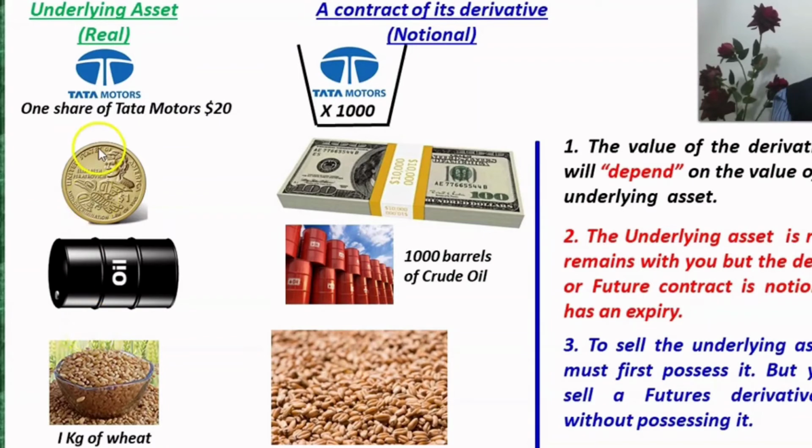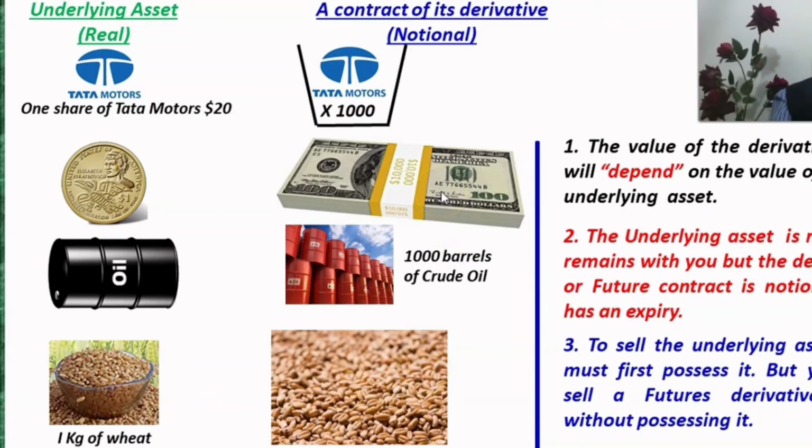That means if you want to sell a share, you must first buy a share and then only you can sell it, isn't it? But that is not so with the derivatives. Since a derivative is not a physical thing, it is only a notional promise, you can sell it without possessing it. Even if you don't have this derivative, you can still sell it and purchase it later.